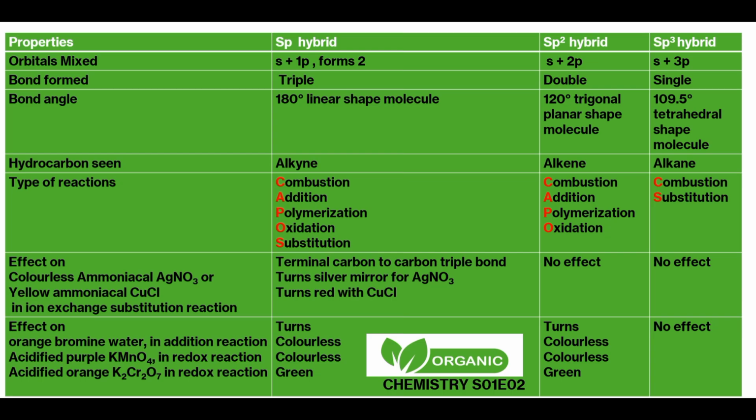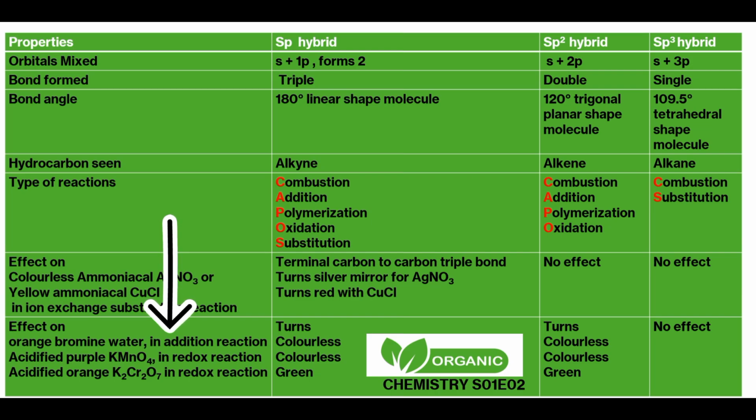From their reactions, we can distinguish them in the laboratory. To distinguish between saturated and unsaturated carbon-to-carbon bonds, use the addition reaction of orange bromine water at room temperature. The multiple bonds, or the unsaturated carbon-to-carbon bonds, turn it colorless. But the saturated carbon-to-carbon bond has no effect on bromine water.